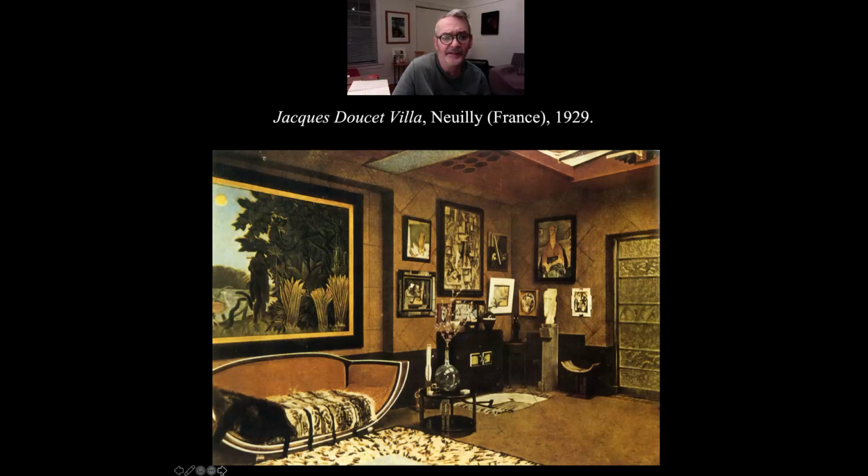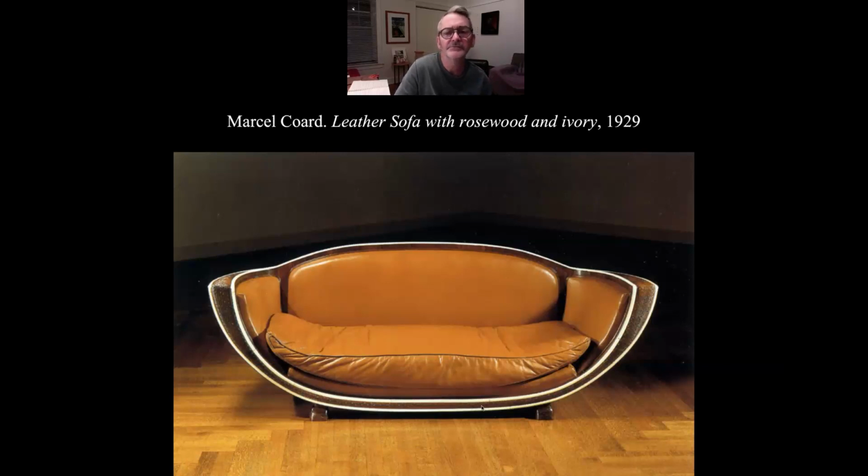Here is a French Deco interior that is meant to have African elements to it. There's a painting up here by the Italian painter Modigliani, but this sofa by Marcel Coard, I have to say, it always looks like a big nut to me.